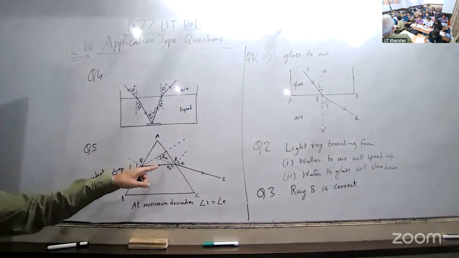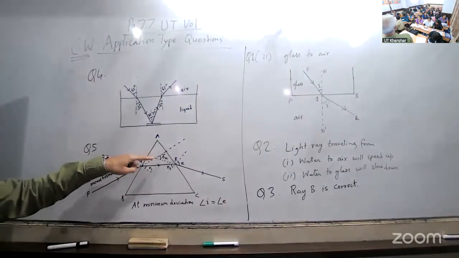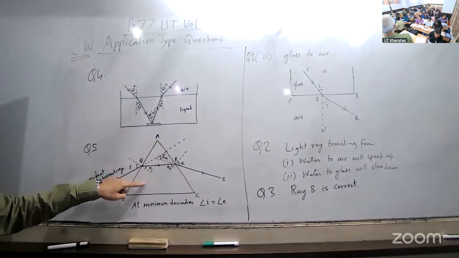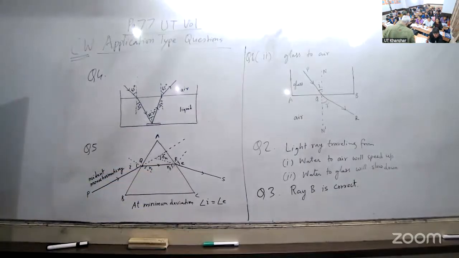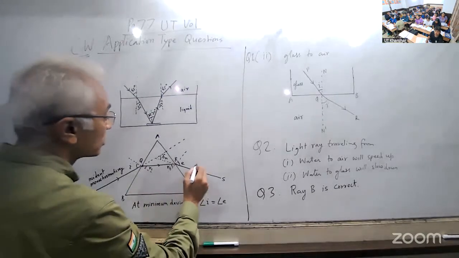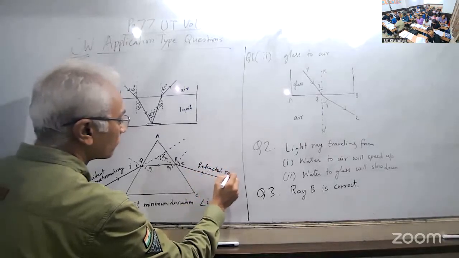The deviation you have to show as delta M. What do you have to show? Delta M, because this is the case for minimum deviation. Illustrate your answer with the help of a labeled diagram using an equilateral prism.